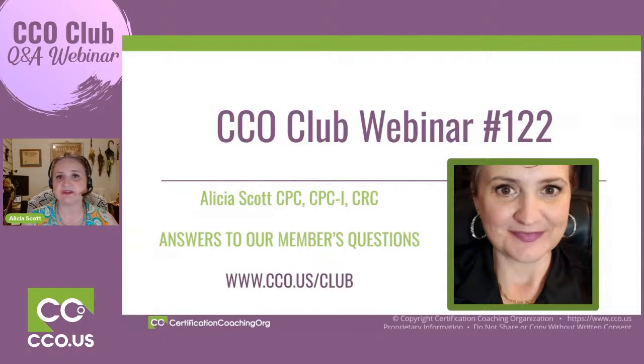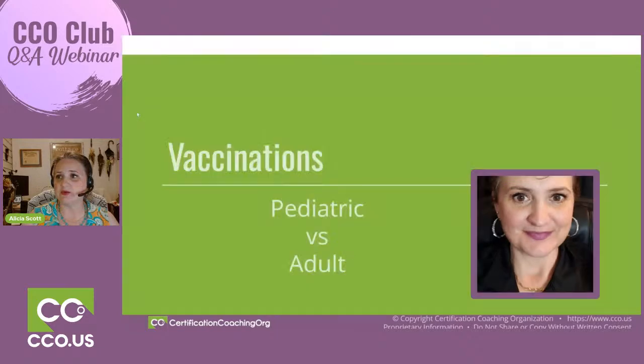We have both students in our club, so new people to coding, as well as people who are established and working in all different areas and with different credentials. Today is a question that had come in regarding vaccinations. They wanted to know a little bit more about the difference between coding for pediatric versus adult vaccinations.